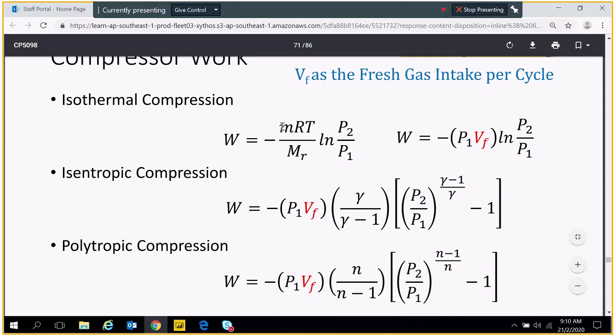Remember this. This is the relative molecular mass or molecular weight of the gas. R is 8.314. T is in Kelvin. P2 is the absolute pressure, let's say bar absolute or Pascal absolute. P1 is also absolute pressure. The work you can easily calculate.